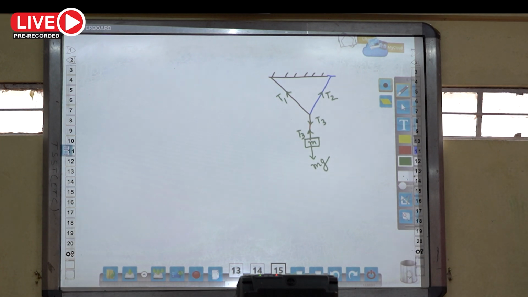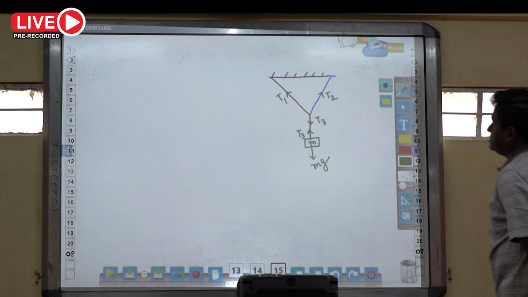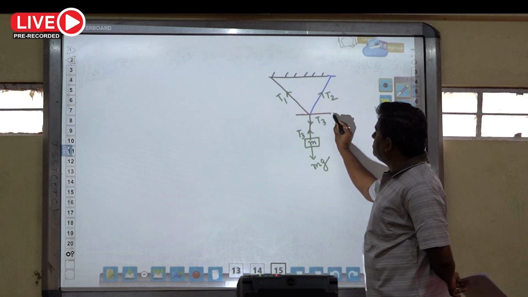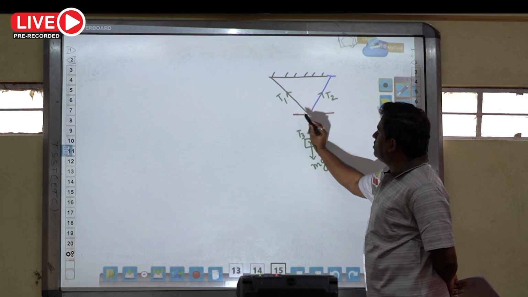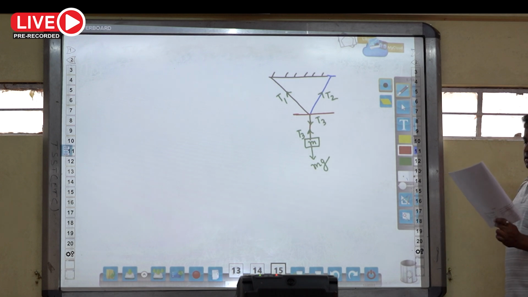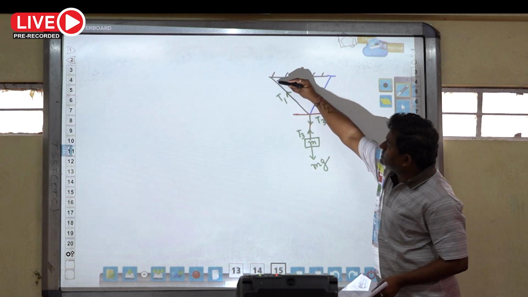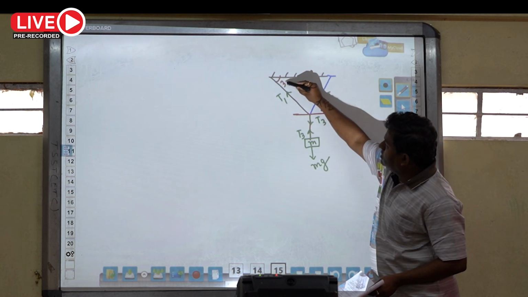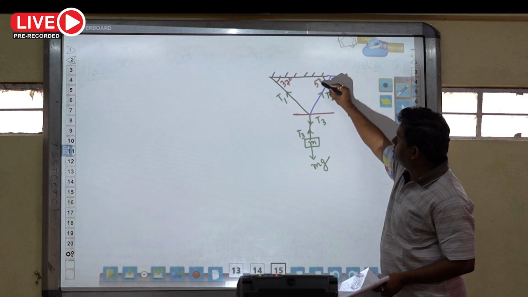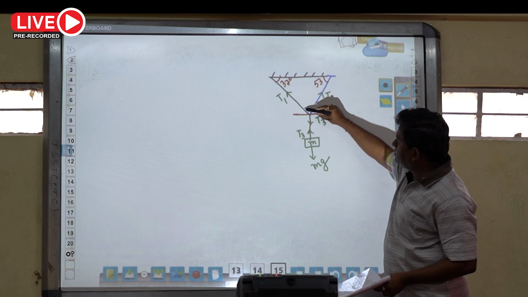It is easy to calculate using Lami's theorem. See, for applying Lami's theorem, just draw a horizontal line here. This angle is given as 37. This one is 53. Then what is the value of this angle?